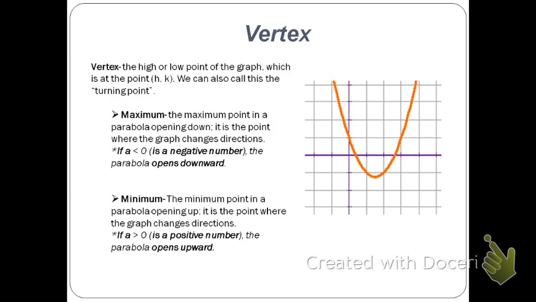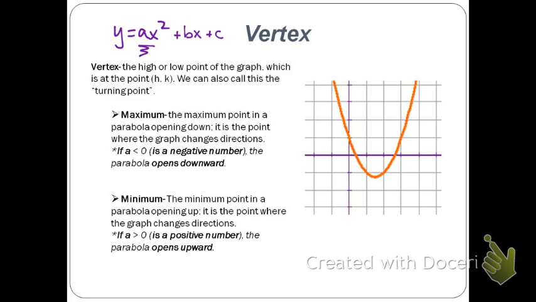So we have a possibility that we have a maximum or minimum, but looking at the equation y equals ax squared plus bx plus c, if you are to analyze that, the fastest way you can identify if you have a maximum or minimum is if you check a. Nothing else in the equation matters. I want to know what's the value of a.